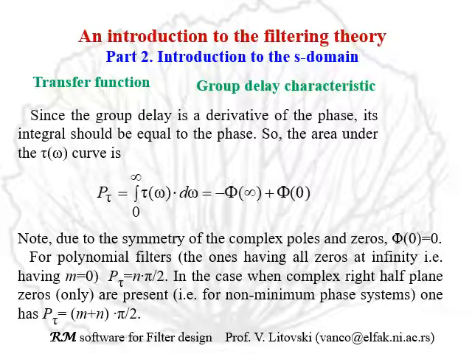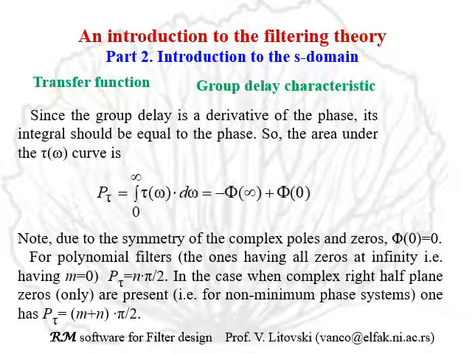Now, due to the symmetry of the complex poles, phi of 0 may generally be 0, and that means that the area under the curve representing the group delay is equal to the value of the phase with changed sign at infinity.